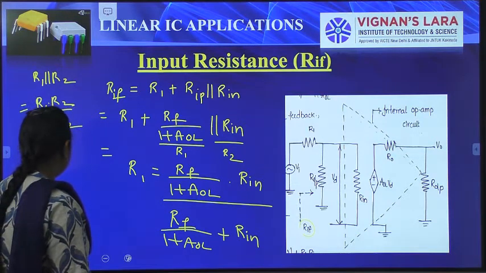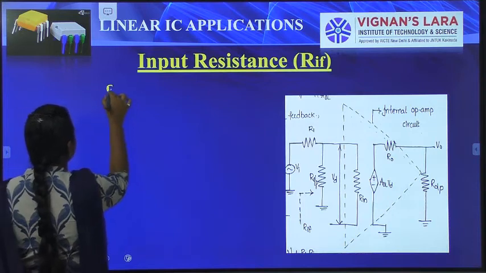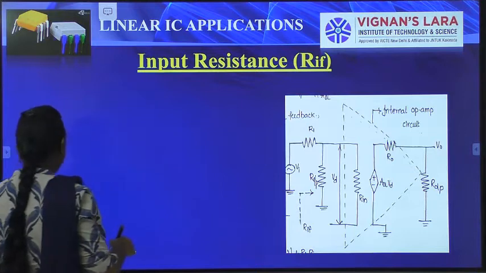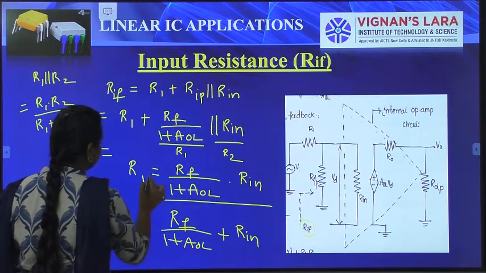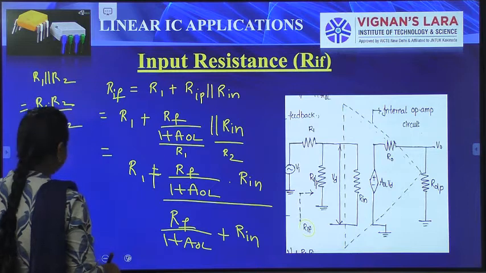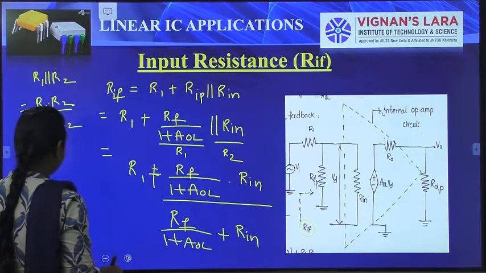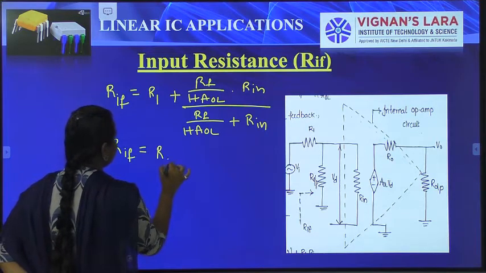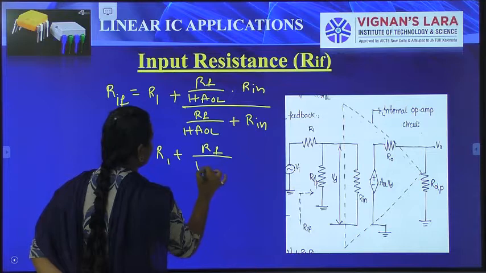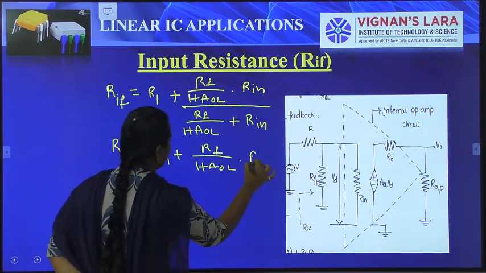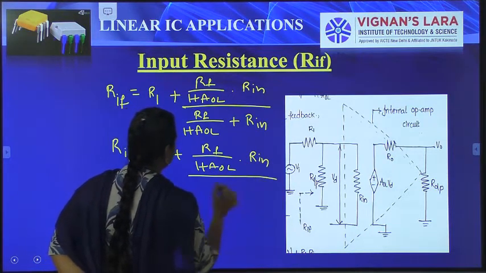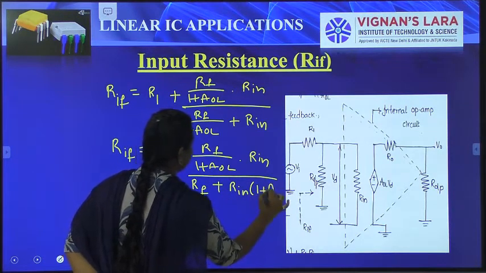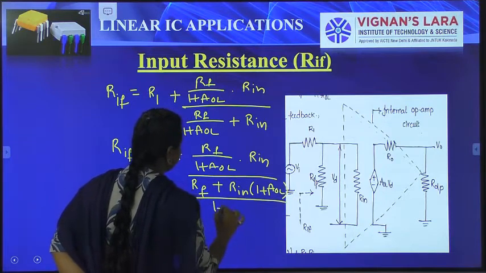So here R1, Rin, the feedback input is equal to R1 plus. Then the feedback resistor RIF is equal to R1 plus RF by 1 plus AOL into Rin by RF plus Rin of 1 plus AOL by 1 plus AOL.